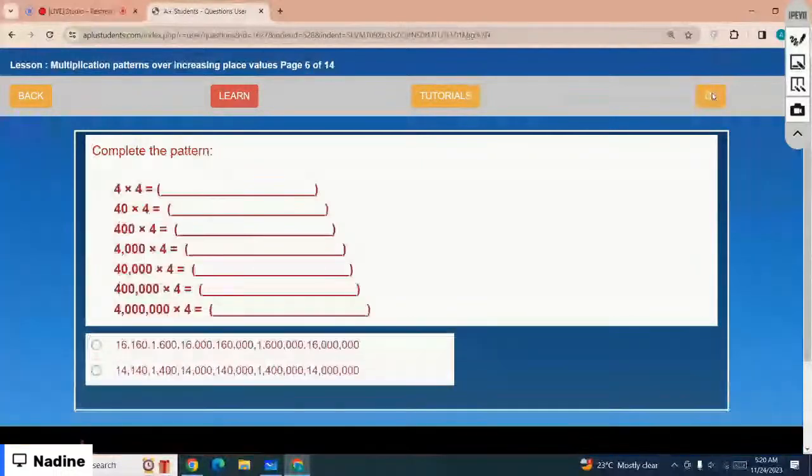The next one is complete the pattern. 4 times 4 equals, yes, the correct option is option number 1. 4 times 4 equals 16, right? So option number 1 is the correct option.